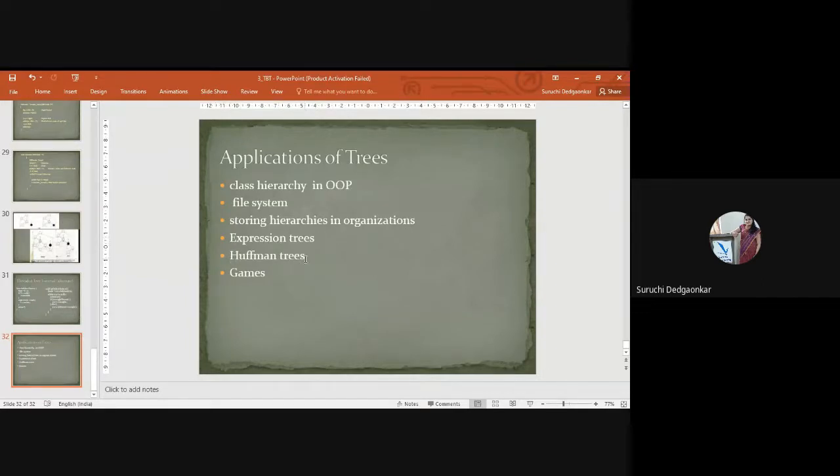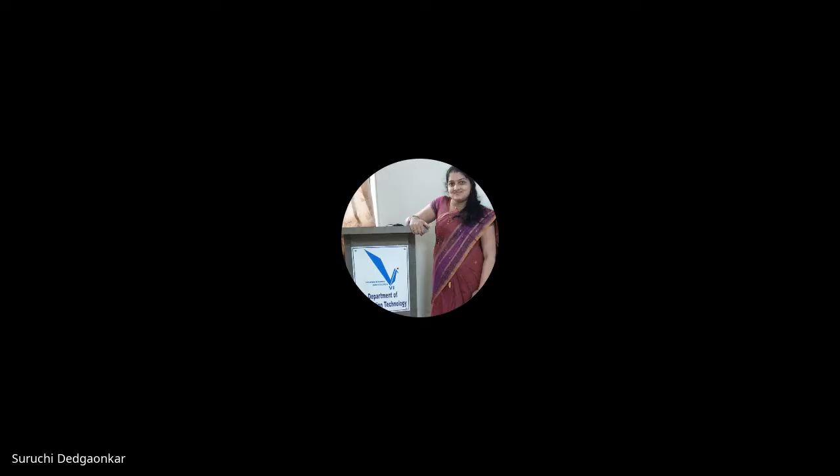Huffman trees are also an application of trees. Then games. In artificial intelligence, you can see a lot of various types of trees, other than what we have seen. Other than that, various types of trees like A star tree, etc., are used.